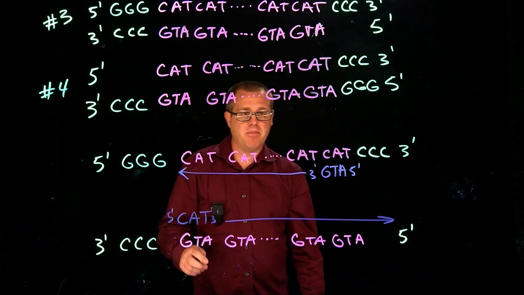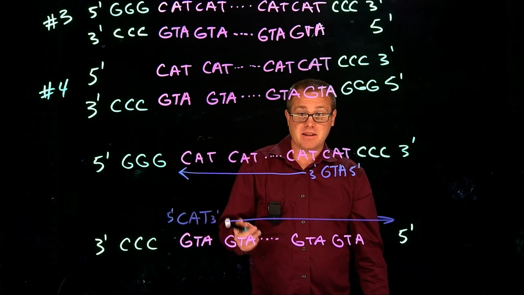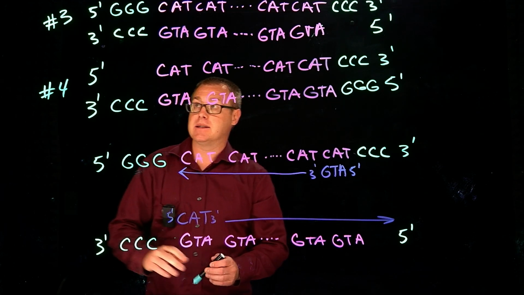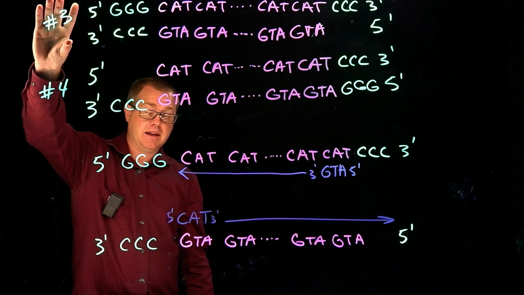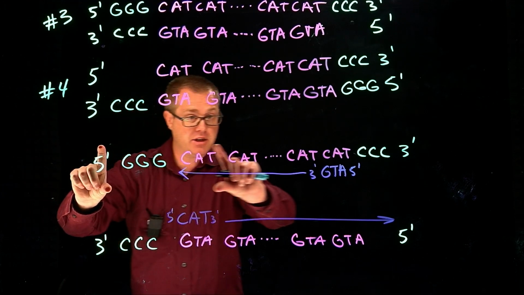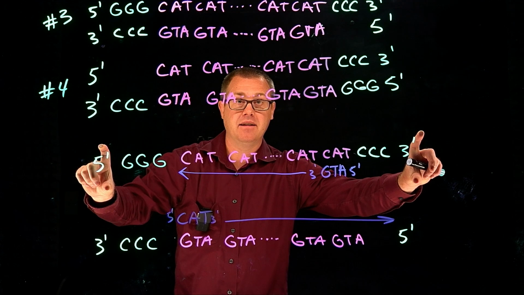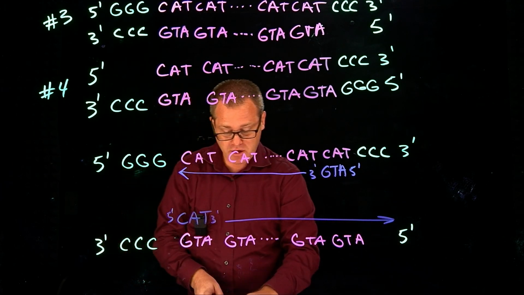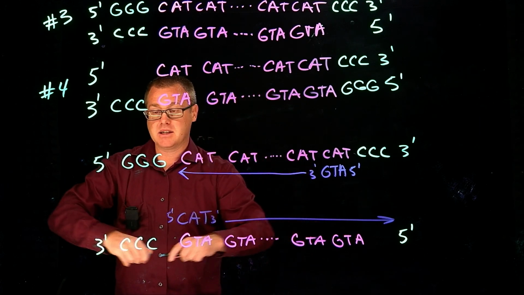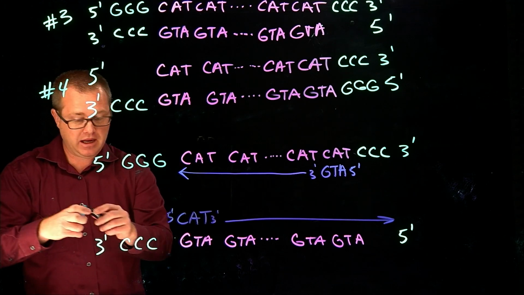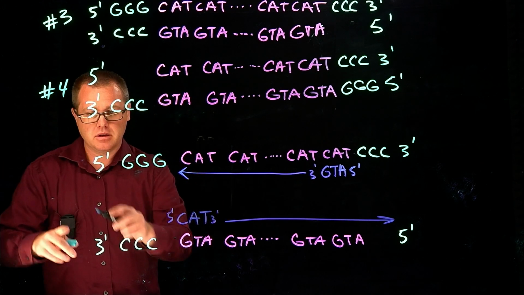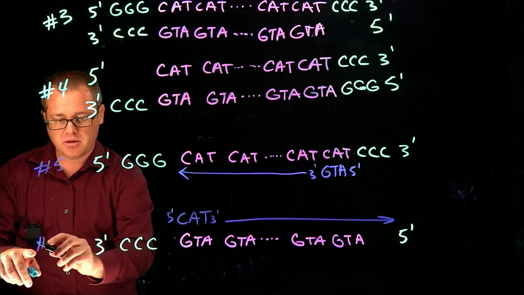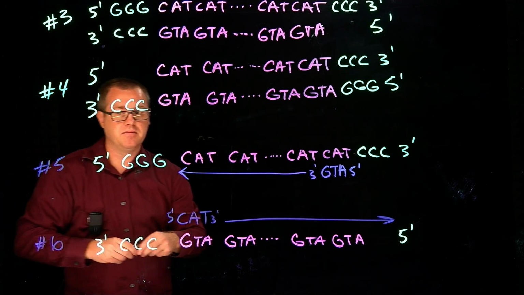Now what is the new molecule going to become? Because now molecule 3 is going to be turned into this new double-stranded DNA and then this new double-stranded DNA. So I'm just going to call this guy right here number 5. That's the 5th molecule, and this one's going to be number 6.